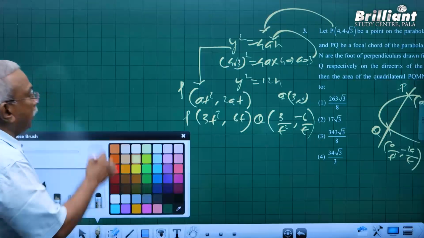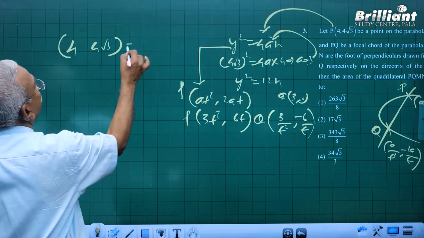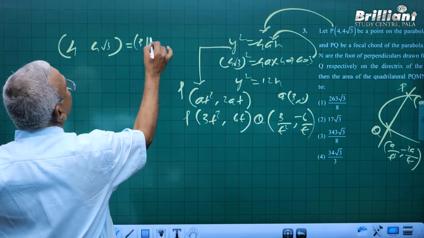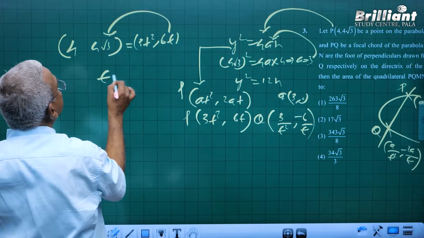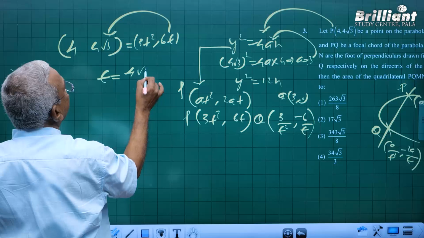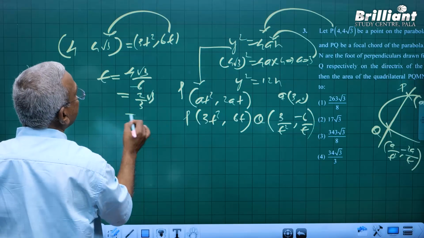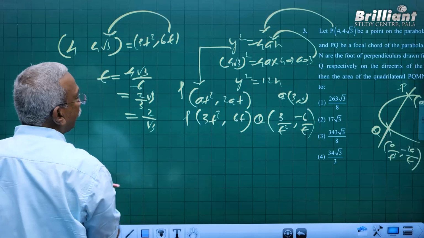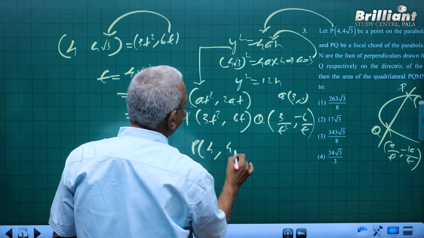So P 4, 4 root 3 is equal to 3t square, 6t. This provides that t. So t is equal to 4 root 3 divided by 6, that is equal to 2 by 3 root 3, or it is equal to 2 by root 3. So here P is equal to 4, 4 root 3.